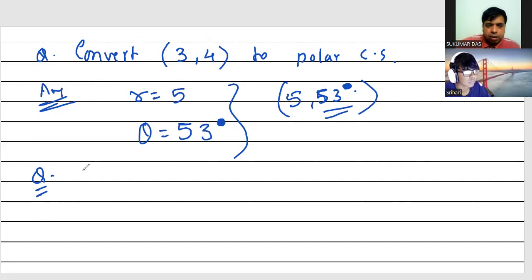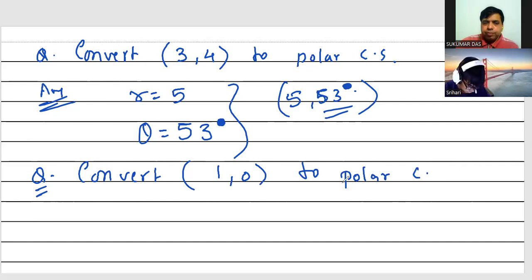Now, can you convert 1, 0 to polar coordinate system?